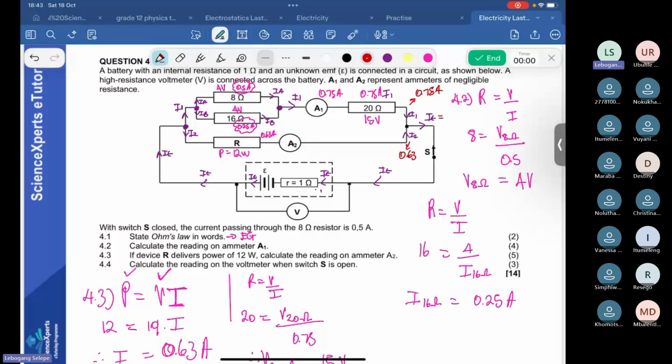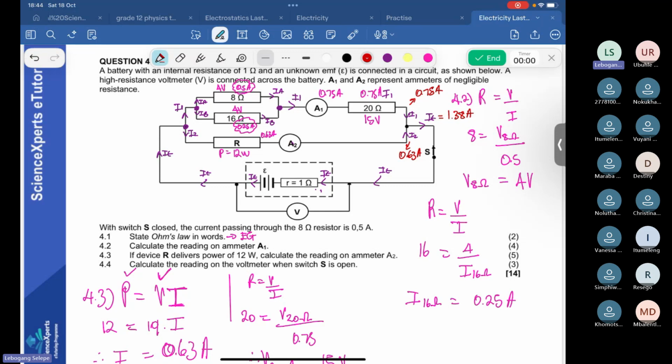Then the total current would be how much? What would be the total current, guys? The total current, remember, is the sum of I1 and I2. It's 1.38 A.